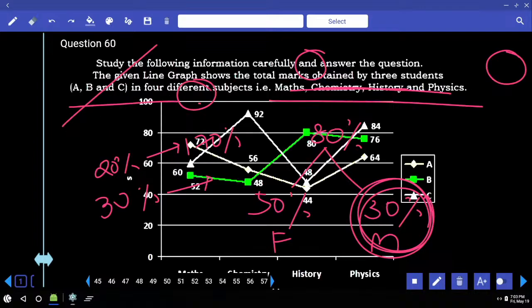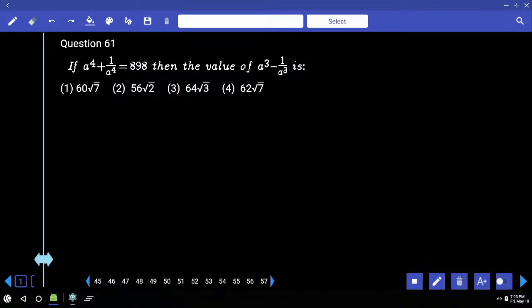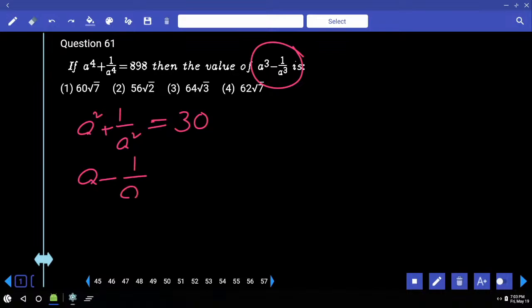Next, a power 4 plus 1 by a power 5 is 898. Then a square plus 1 by a square is plus 2 square root 30. Then we should know the value of a minus 1 by a in order to find the value of a cube minus 1 by a cube. What is a minus 1 by a now?